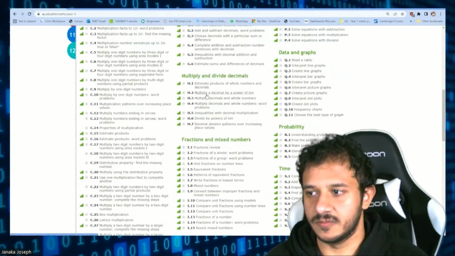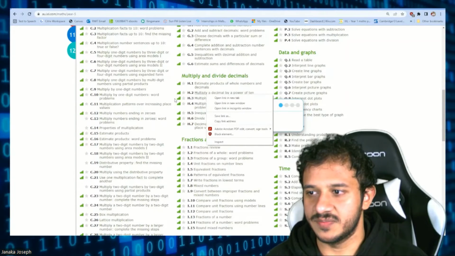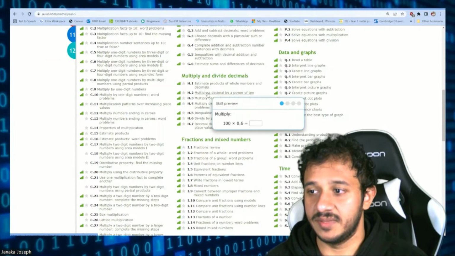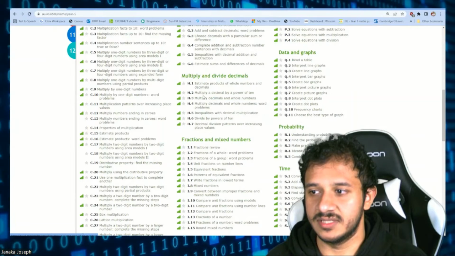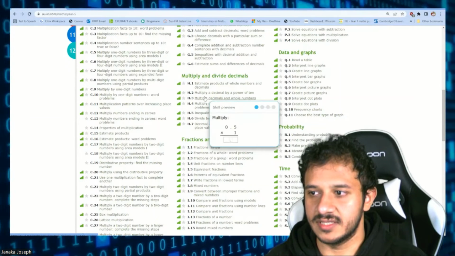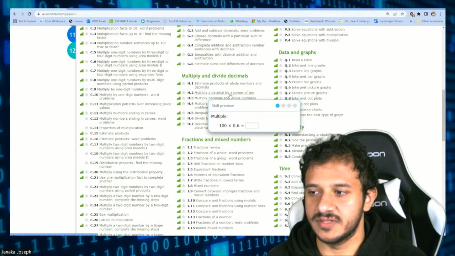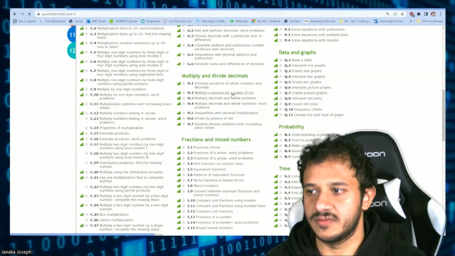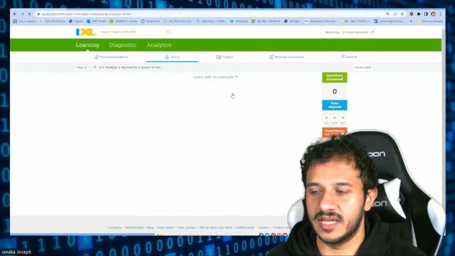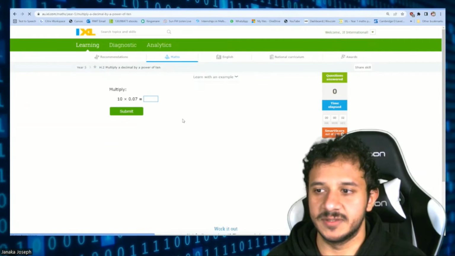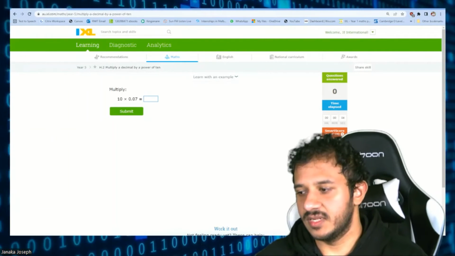Now here it is multiplication, but it can be even division. Both of them don't really matter. So if you can see here, multiply decimal by tens powers. So that will be easier now, but it can be used for division as well. Anyway, let's work it out.